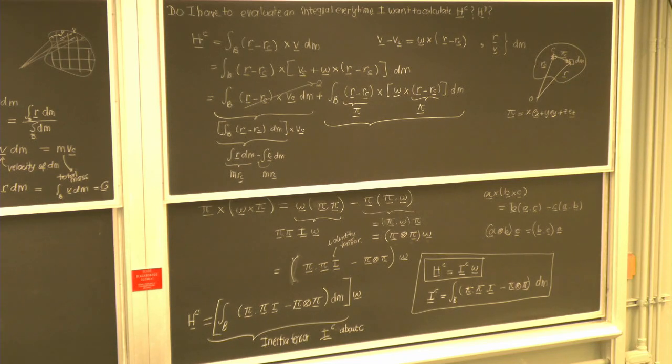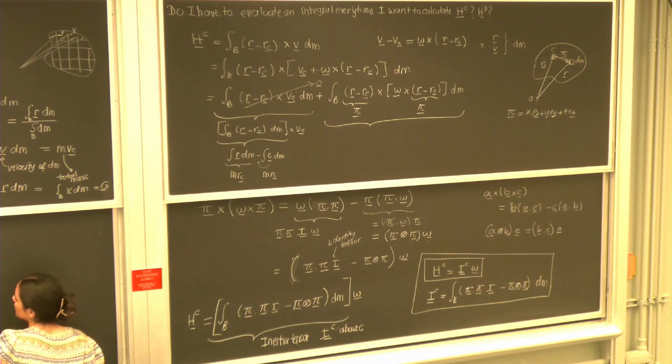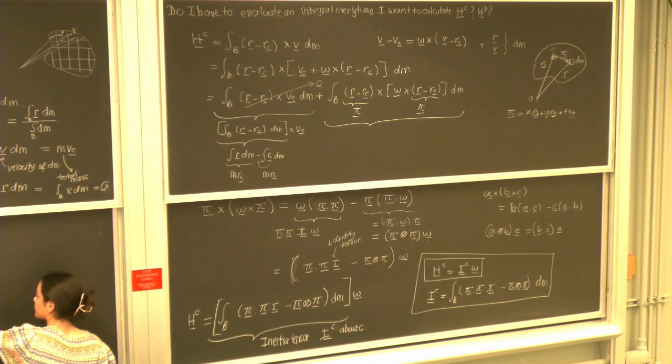And we said that we're going to express pi in the Cartesian body fixed basis as pi is equal to x ex plus y ey plus z ez, where ex, ey, ez is the body fixed basis.